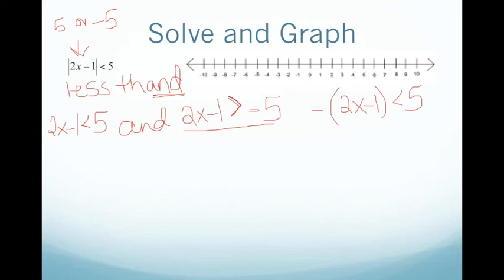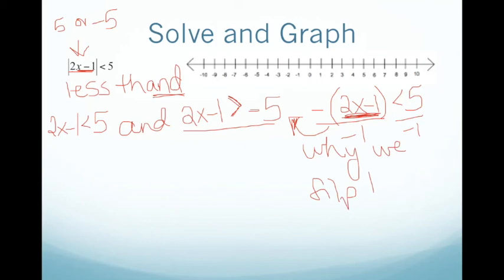And since the inside is switching from positive to negative, in order to get that inside to match my absolute value, I have to divide by negative 1. And that's why we flip the inequality.